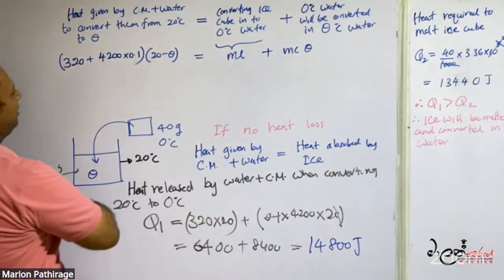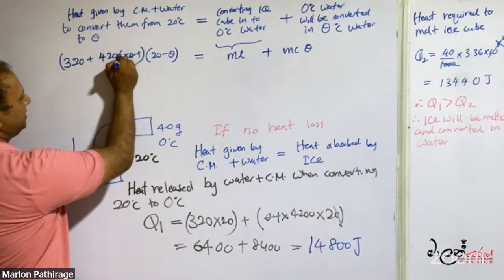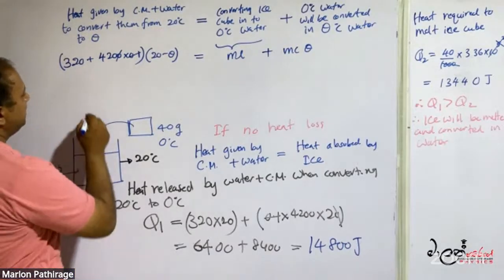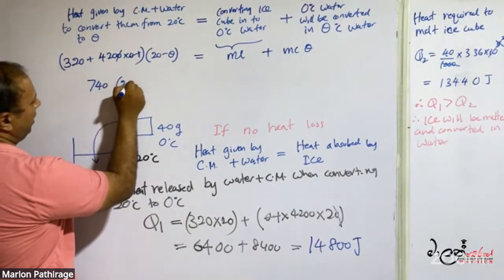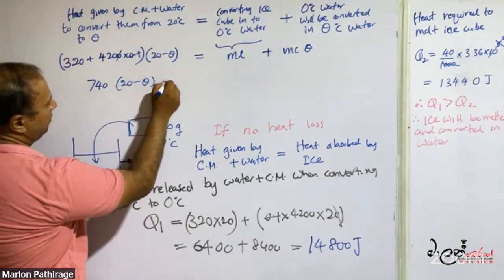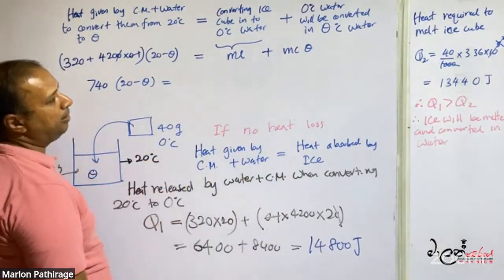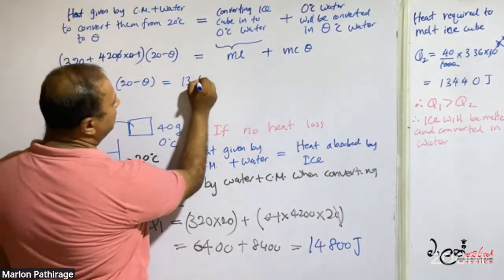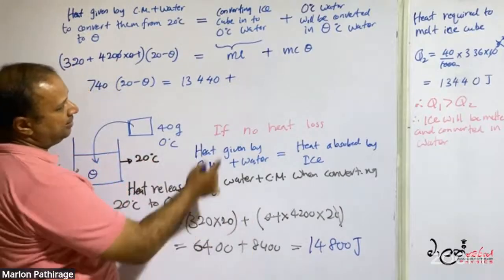Therefore, if I simplify this one, this will be cancelled. 420 plus 320 means 740. (20 minus θ) is equal to mL, which is 13,440, plus this one.